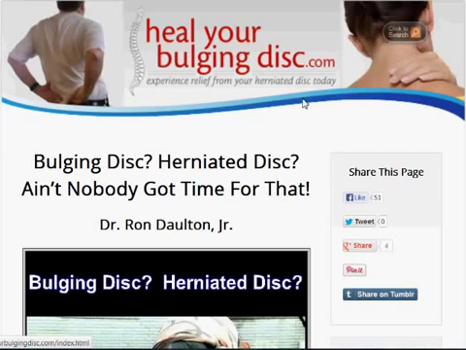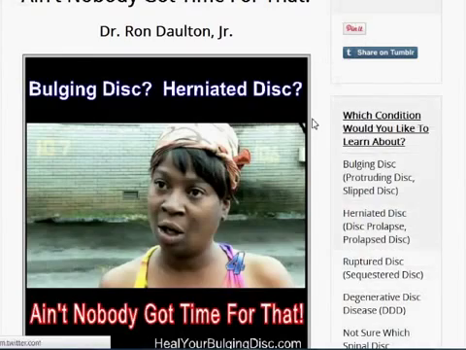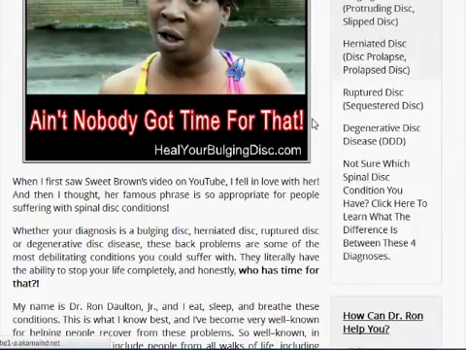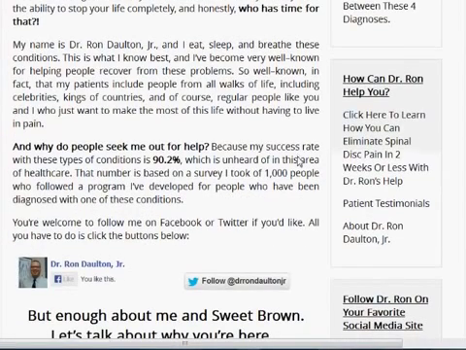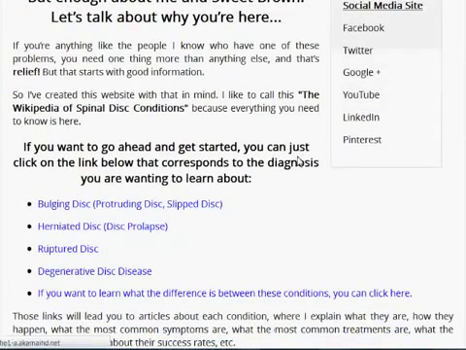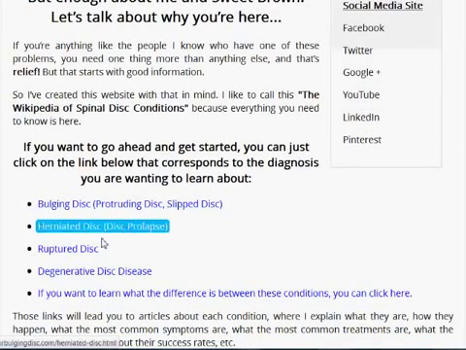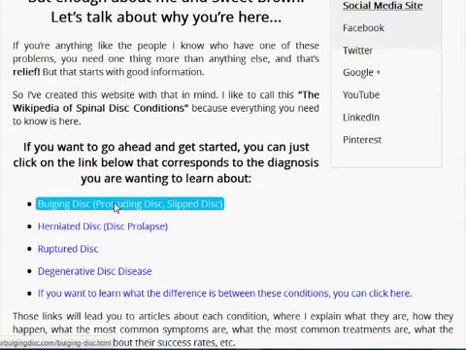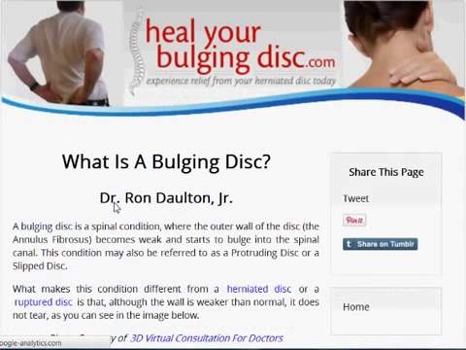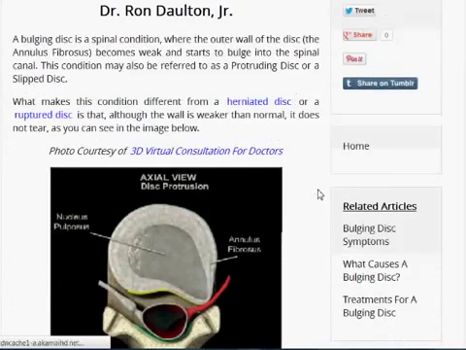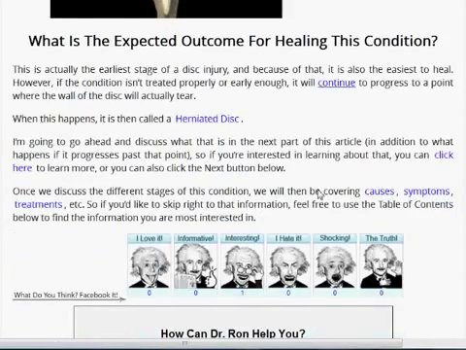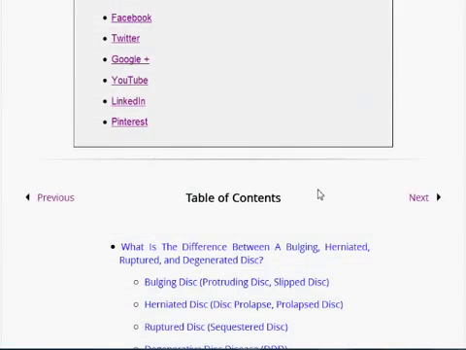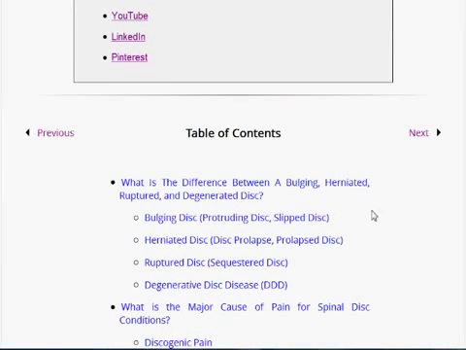But it's going to take you to this page, and you can read through this. I have got some funny things on here just to kind of get your attention and to give you an example of what I think is happening with the problem here. But as you continue to scroll down on this page, you'll get to this point where you can choose the condition that you want to learn about. And all you need to do is click on one of those links. It'll take you to a different page where I'll explain more about what the condition is. And then if you scroll down to the bottom of the page that you're on, you'll see that I have a table of contents here.